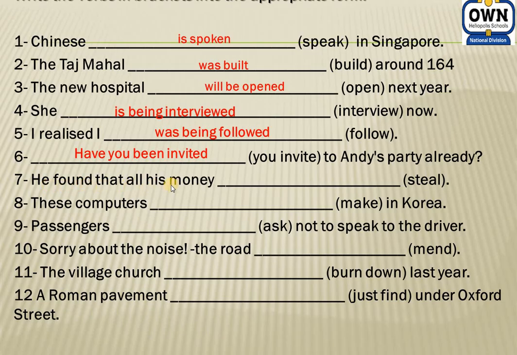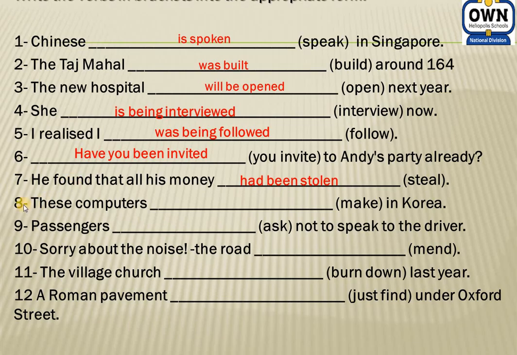He found that all his money steal. The verb is steal. The answer is: all his money had been stolen. Had been stolen. There are two actions in the past: the first one is in the past perfect in the passive form, and the other one, found, is past simple.